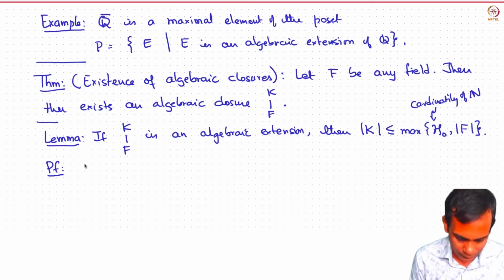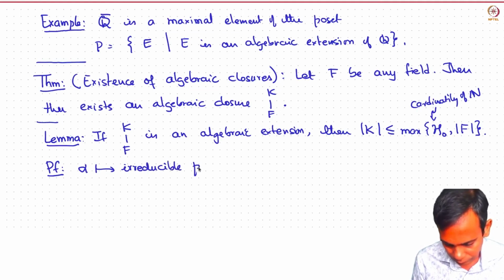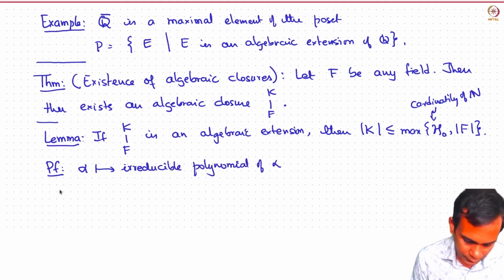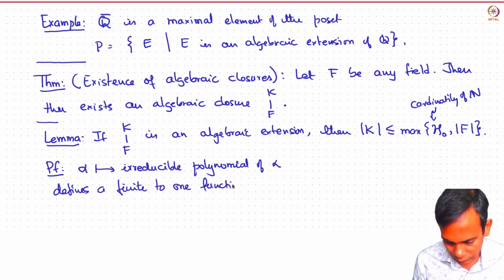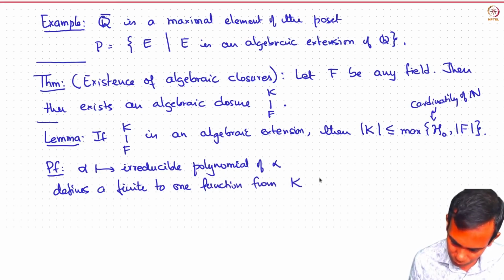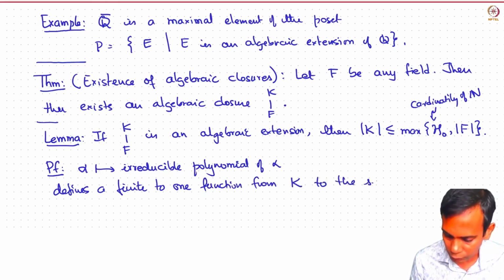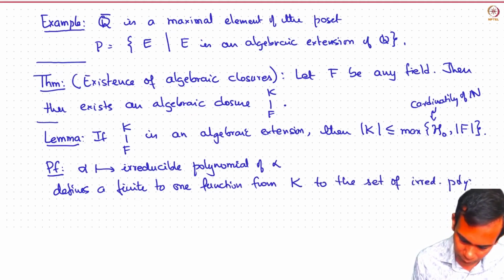So basically, if you take an element alpha in K and send it to the irreducible polynomial of alpha, this defines a finite-to-one function from elements of K to the set of irreducible polynomials in F[t].